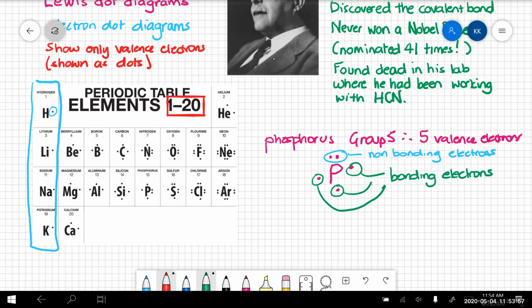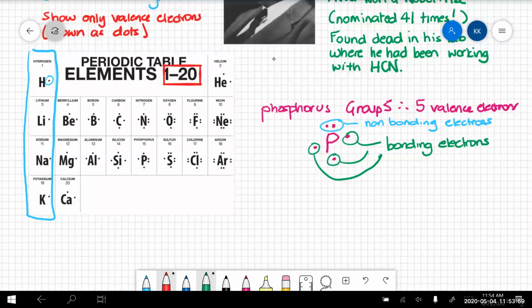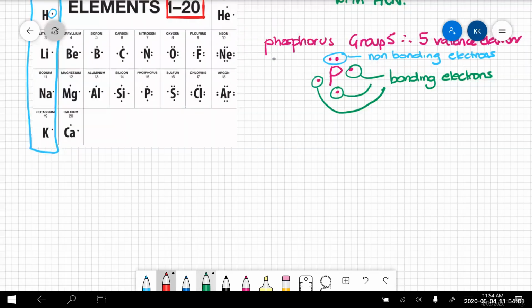Let's try one more example. Let's have a look at fluorine. So fluorine, draw the F, it's in group 7. So it's got 7 valence electrons.